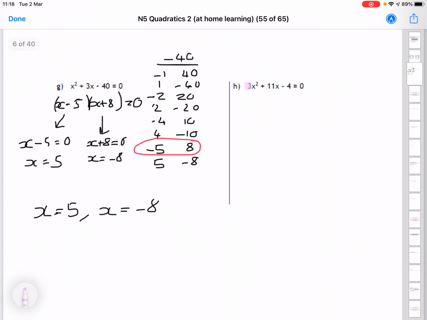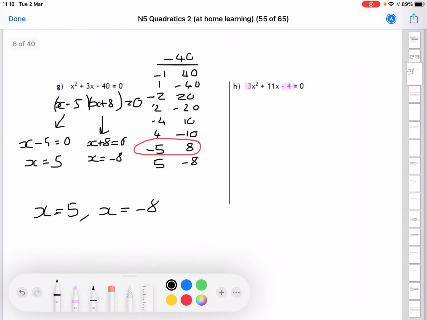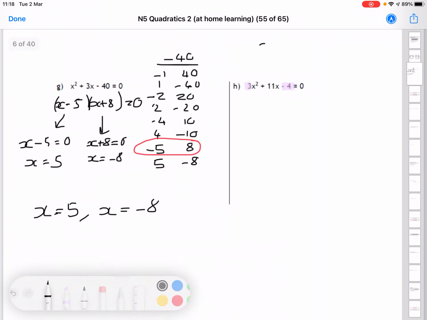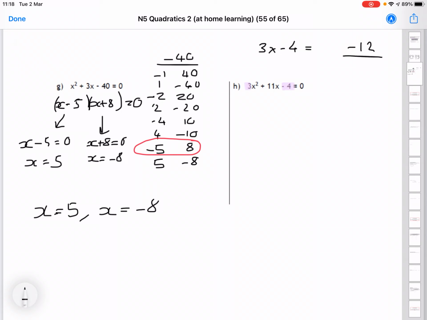So if we take that 3 and the end number minus 4, that is what we're looking for as numbers to multiply to that answer. So if we do 3 times minus 4, we get minus 12. That's what we would do a list of the factors of minus 12, of the pairs of numbers that multiply to minus 12.